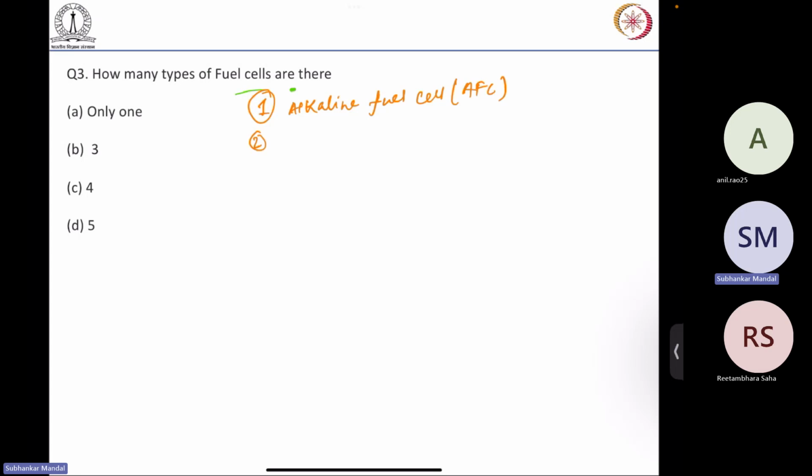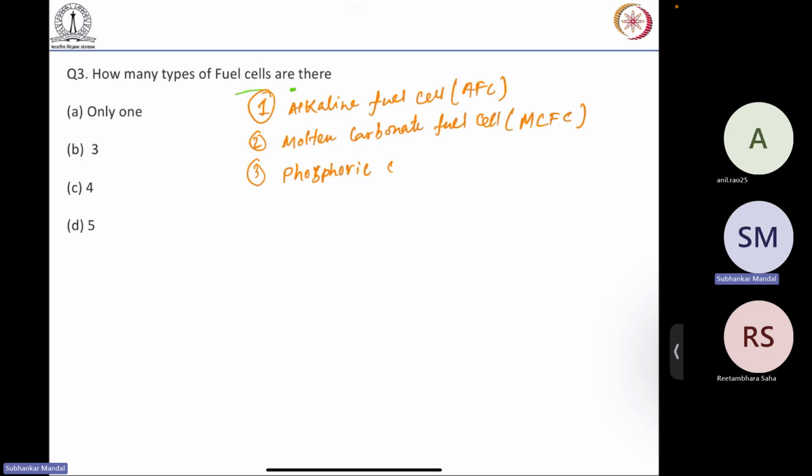Second one is the molten carbonate fuel cell, that is called MCFC. Option 3 is the phosphoric acid fuel cell. All these things were discussed in the professor's lecture, including in detail what reaction happens in the phosphoric acid cell.